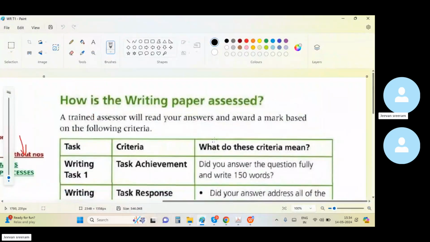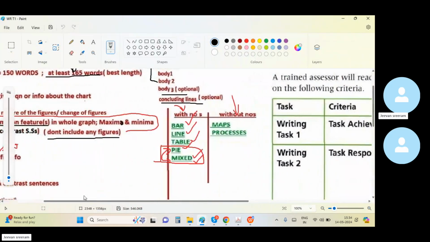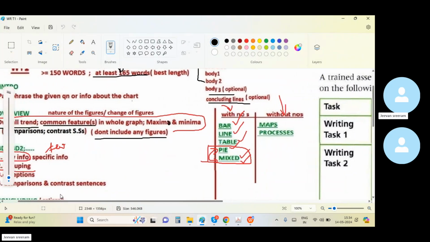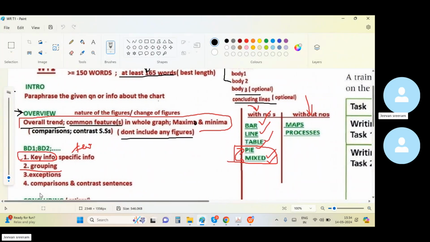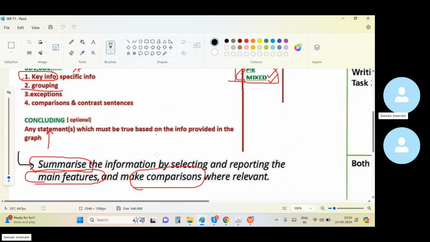How is the writing paper assessed? We have just discussed the types of writing task 1, academic writing task 1, and what to be included as part of body paragraphs, and also what you can include in the concluding paragraph apart from just writing a paraphrased version of the overview.